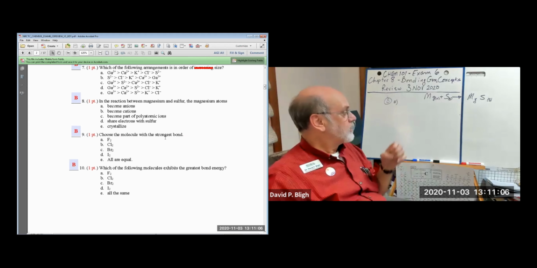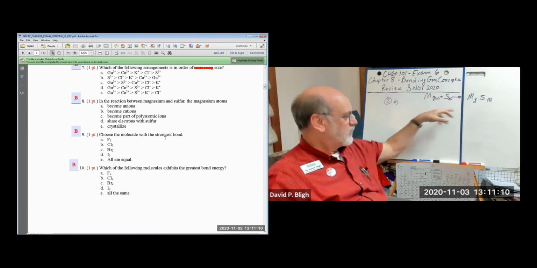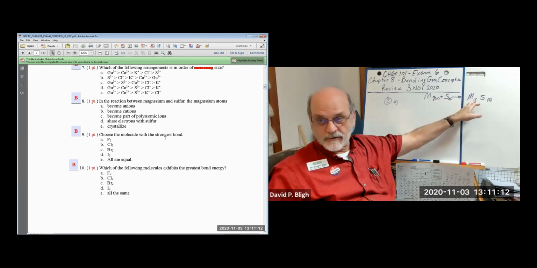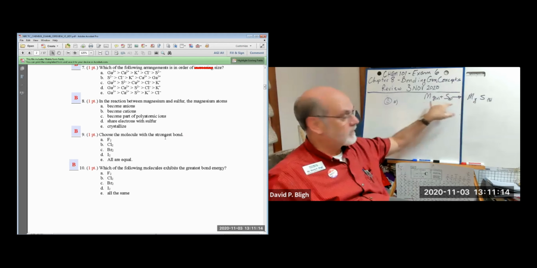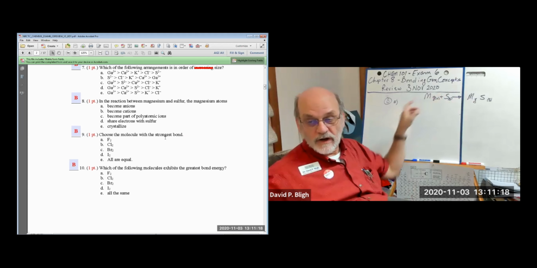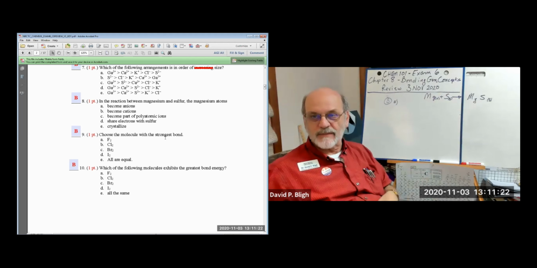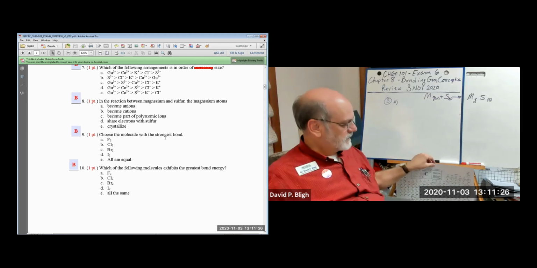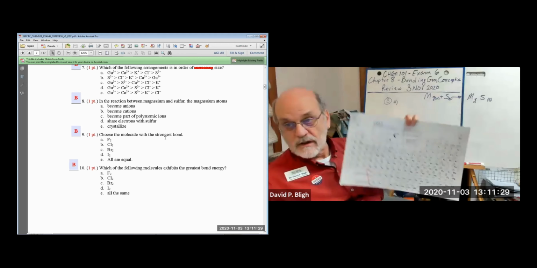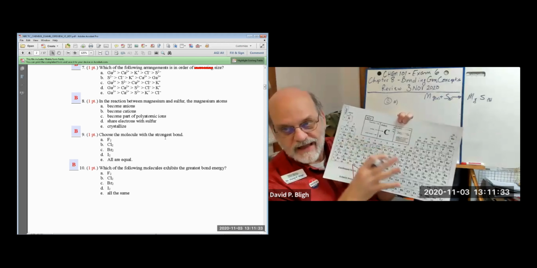Okay, so in order for that to happen, in fact, we don't even need to know the exact formula. We just need to know metal, nonmetal. So what happens to the electrons? Well, typically, metals like to lose electrons, and nonmetals like to gain electrons. Now, why is that? One of the driving forces is it helps them look like a noble gas.